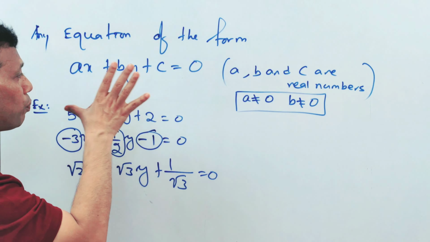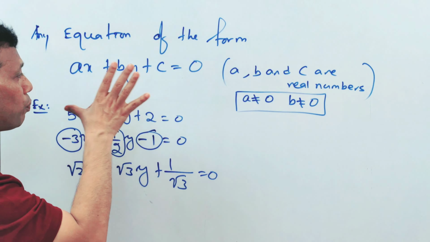Now I will take a few examples where you have to rewrite them, because in some examples you may not find the same structure as the ax plus by plus c form. So you have to express that in ax plus by plus c form so that you can know that it is a linear equation in two variables. So let's see.